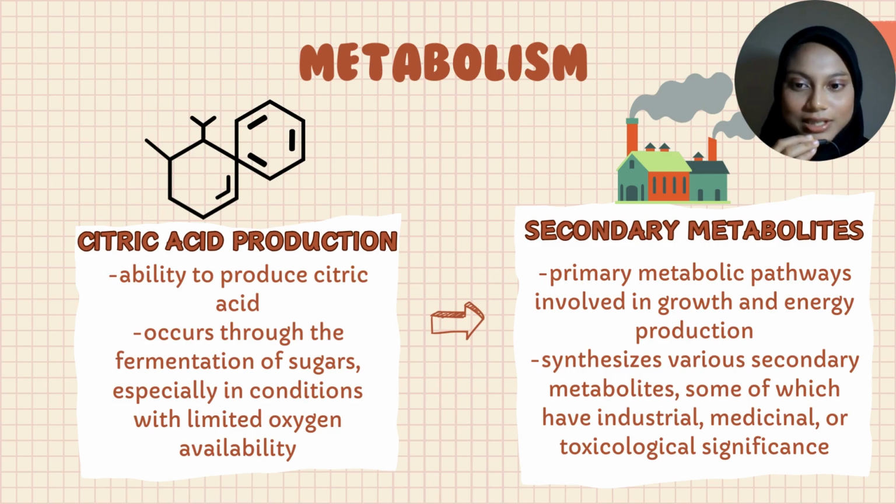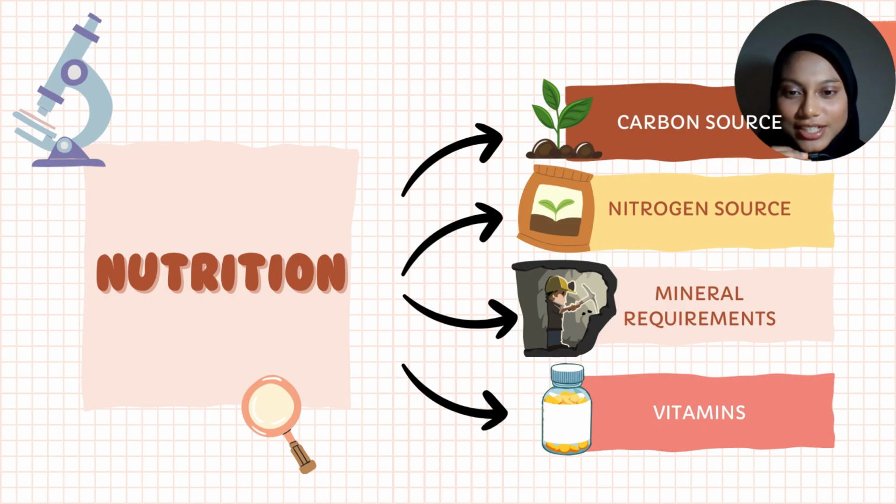The third is citric acid production, which occurs through fermentation with limited oxygen availability. The fourth is secondary metabolites. The primary metabolic pathway is involved in growth and energy production, and in the synthesis of various secondary metabolites.